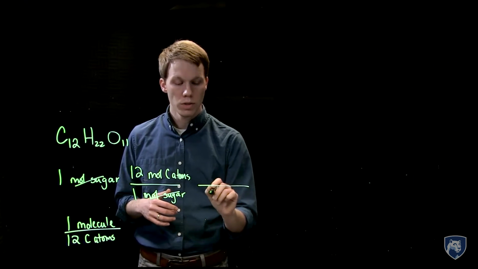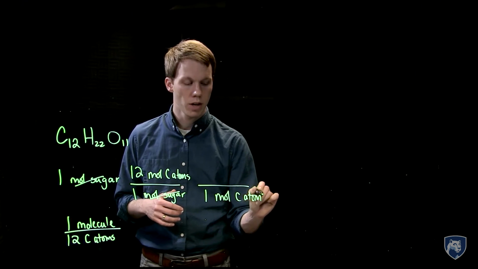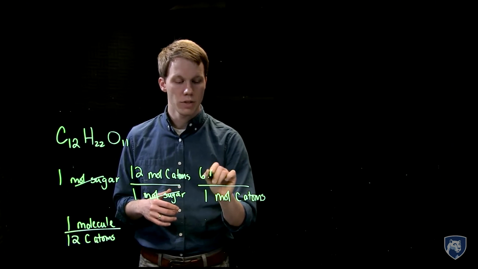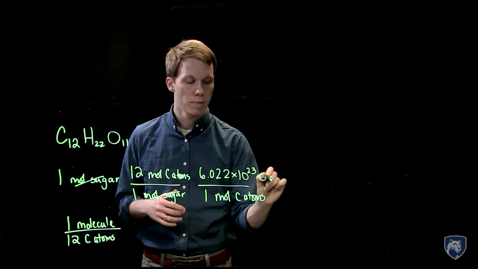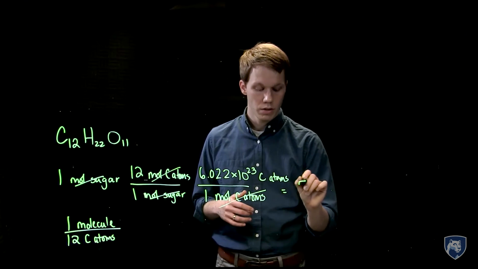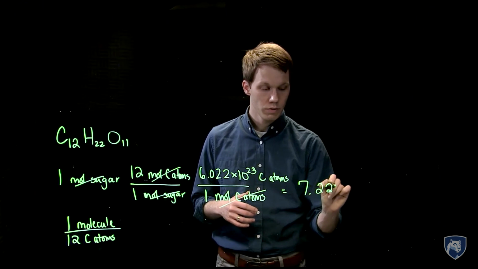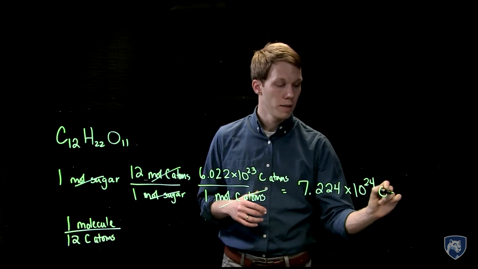And to get from moles of carbon atoms to number of carbon atoms, I would use Avogadro's number, 6.022 times 10 to the 23rd carbon atoms in 1 mole of carbon atoms. So this calculates to 7.224 times 10 to the 24th carbon atoms.